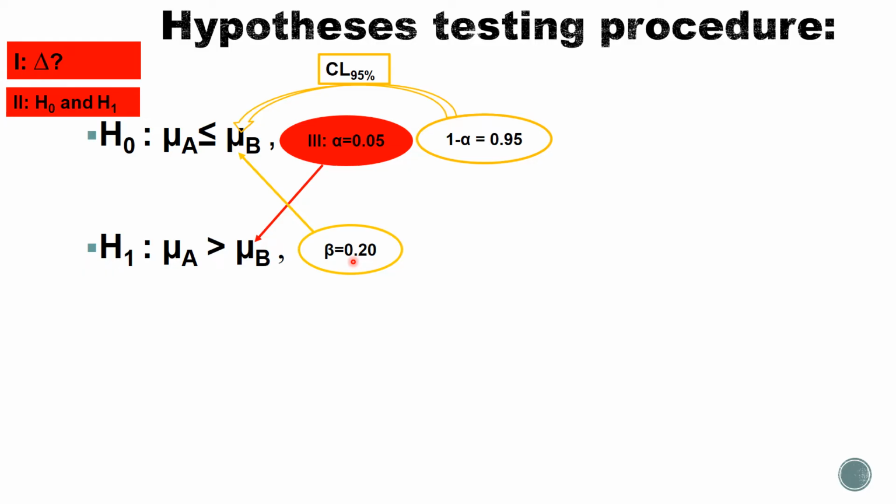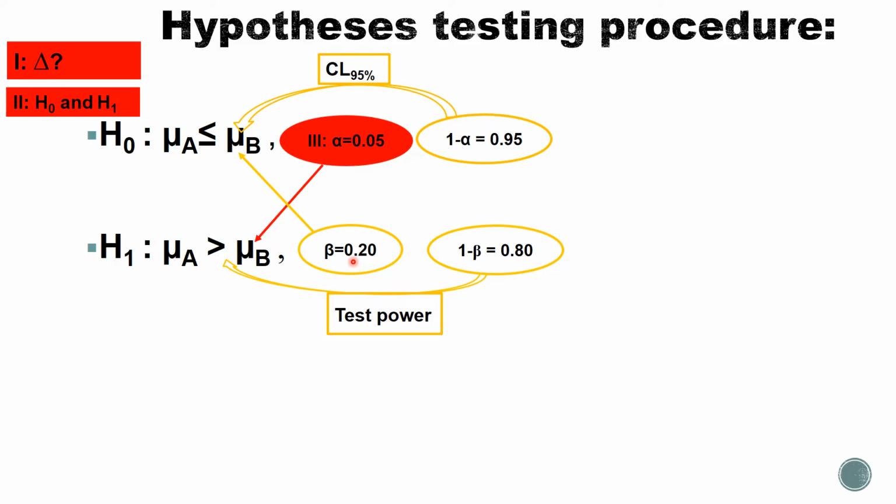Random sampling. So even if we observe a difference, there's a higher risk of this difference being due to what? Random sampling error. So because of this, instead of 5%, we take beta risk to be 20%.